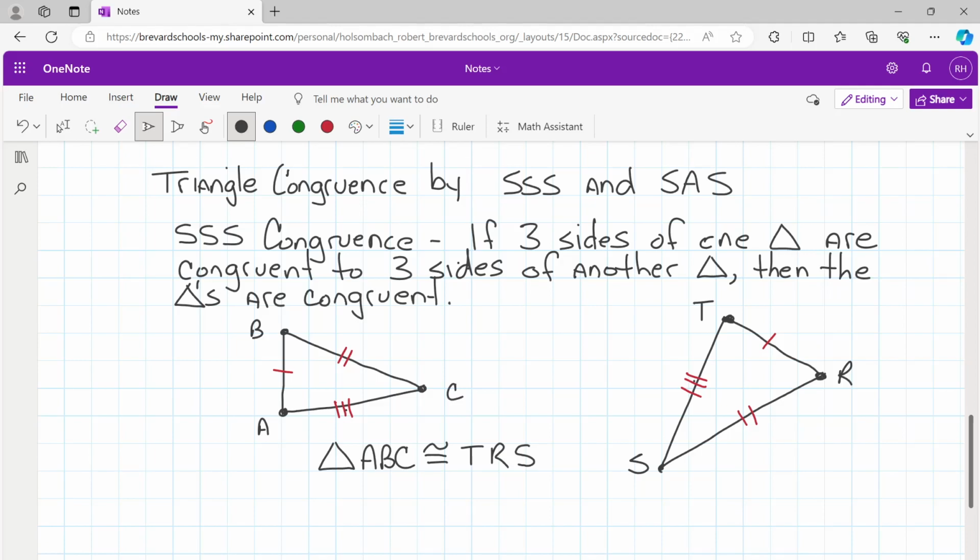So in this case, if we had to write a congruence statement and explain, we would say triangle ABC is congruent to triangle TRS, and our explanation is by side, side, side. Three sides of one congruent to 3 sides of another gives us congruent triangles.